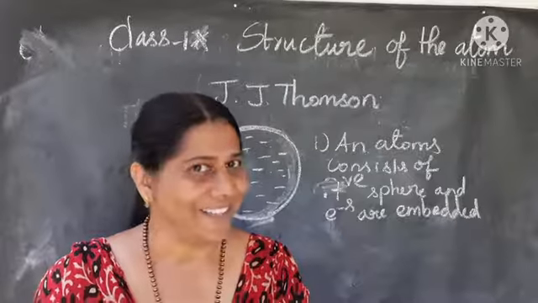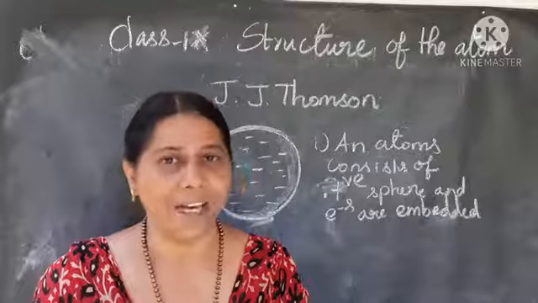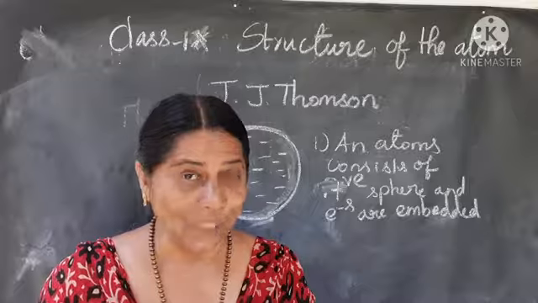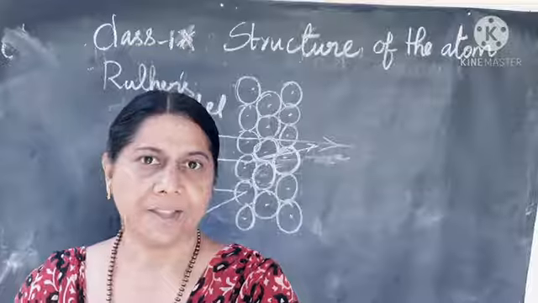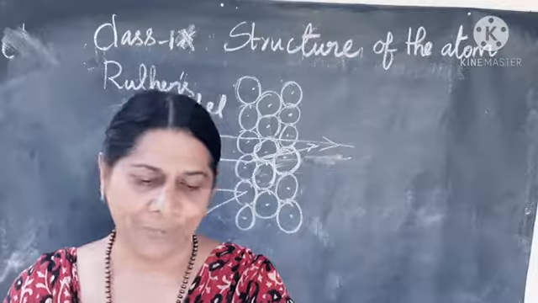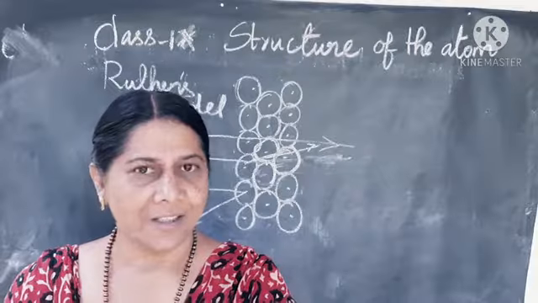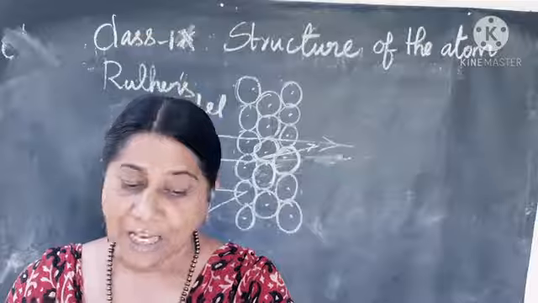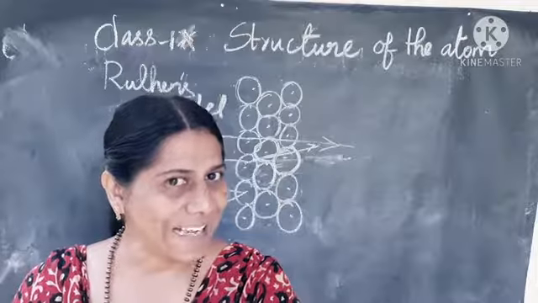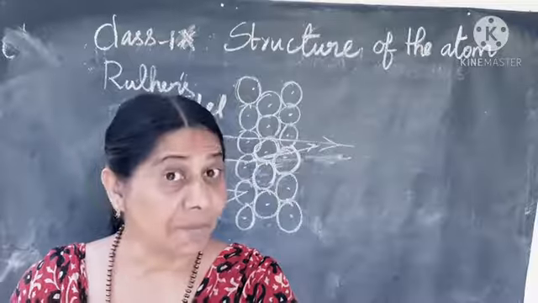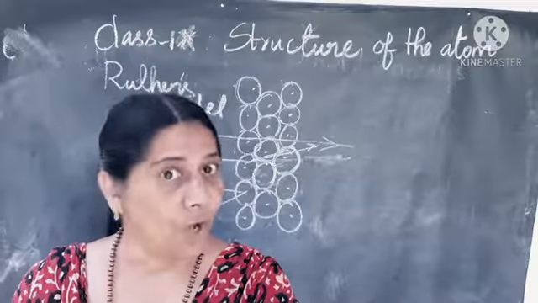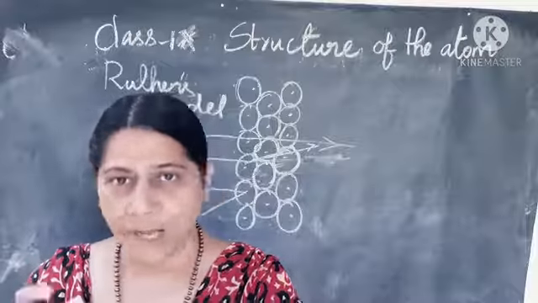Let us see another model. It was done by the scientist Ernest Rutherford. He brought out a model called the alpha ray scattering experiment. In his experiment, he selected gold foil and alpha ray.